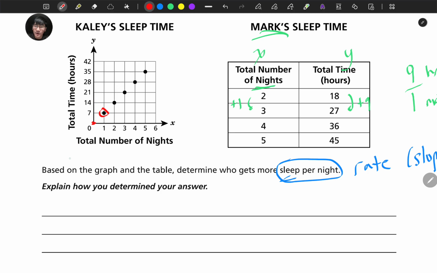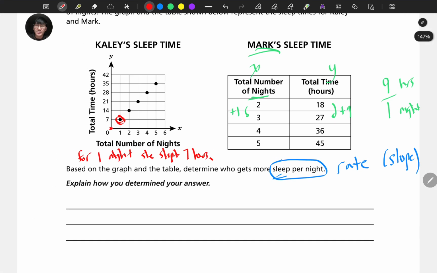This is saying that for every night, well, for one night, she slept 7. Okay, and then if you look at this graph, it's linear, so then I noticed that the rate of change is constant. Okay, but yeah, so here we know already who sleeps more, Mark.